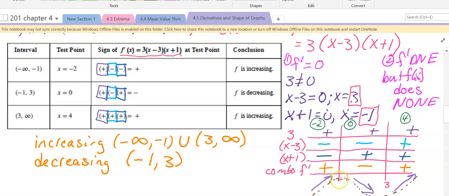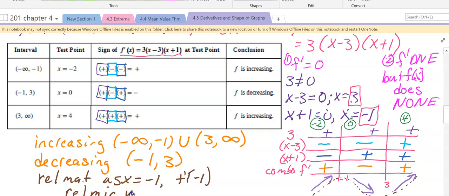This clearly means I must have a relative maximum occurring at x equal -1 with the value of f of -1, and I must have a relative minimum at, not at x equals 3, occurring at the y value f of 3.